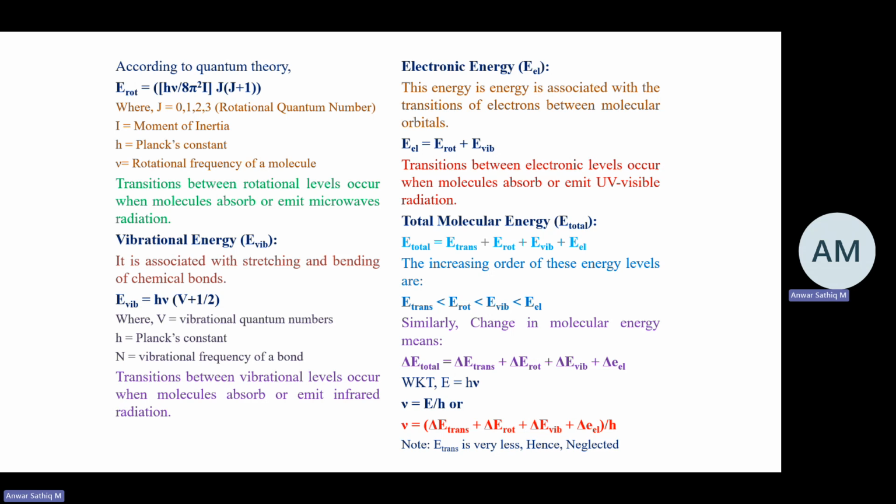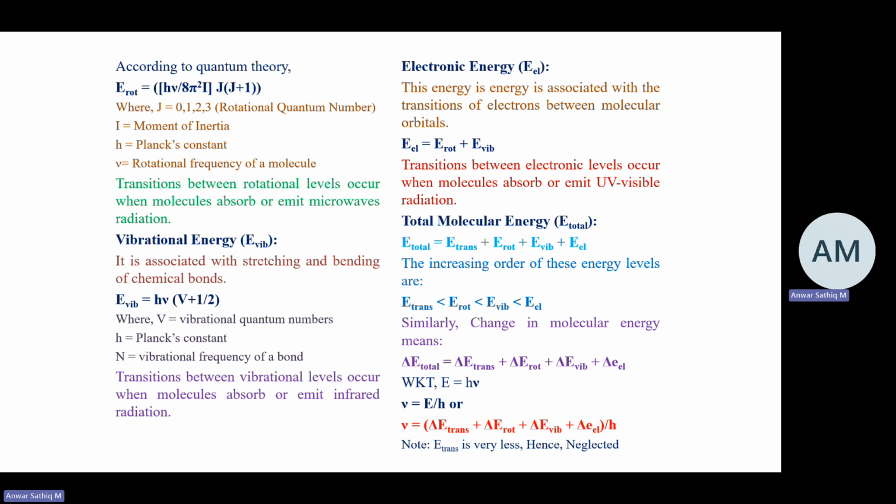Similarly, vibrational energy is represented by E VIB. Vibrational energy is associated with stretching and bending of chemical bonds. According to quantum mechanics, the formula is E vibration, E VIB, equal to h nu into V plus half, where V is the vibrational quantum number.